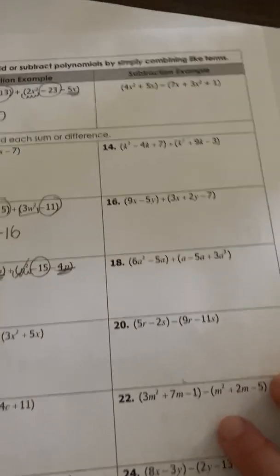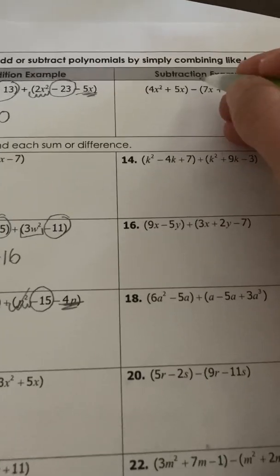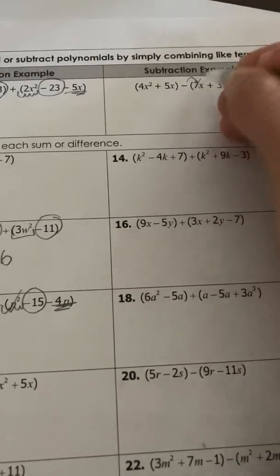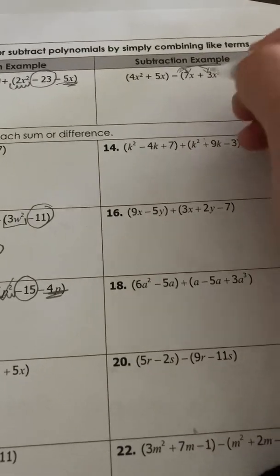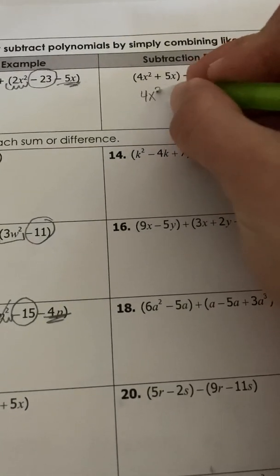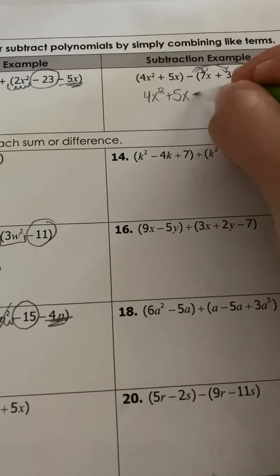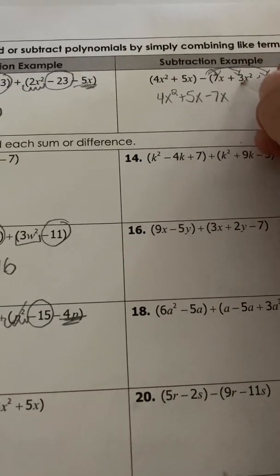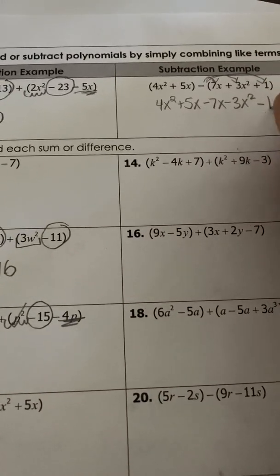Okay, now when you're doing subtraction, you don't want to just drop the parentheses. You want to actually rewrite it by changing all of the signs of the second one. So basically we're distributing that -1 over there. So this would be 4x squared plus 5x stays. Then we have a minus 7x minus 3x squared minus 1.